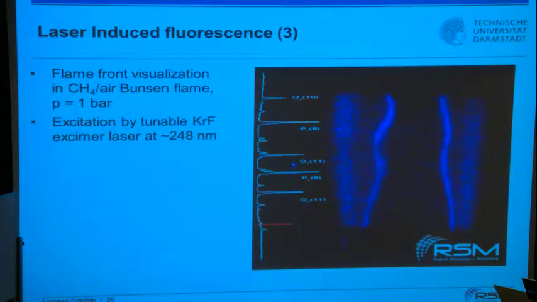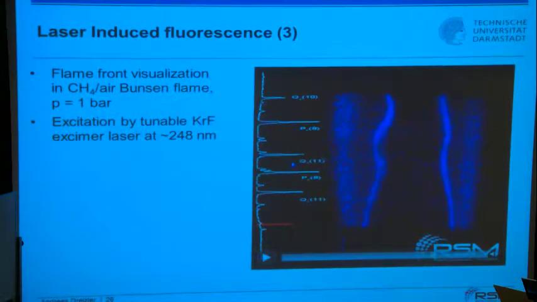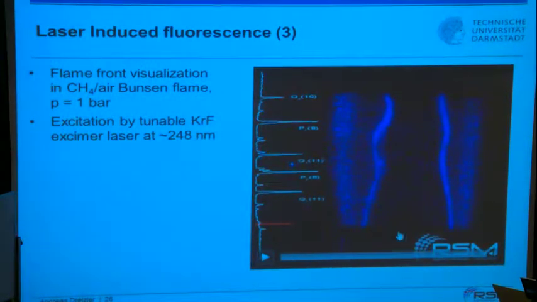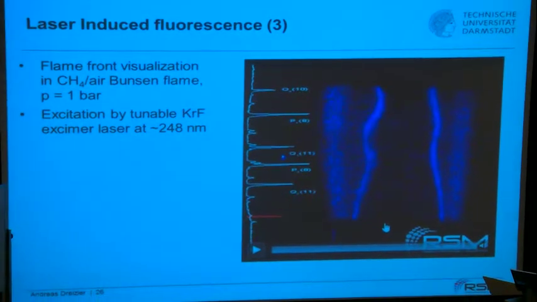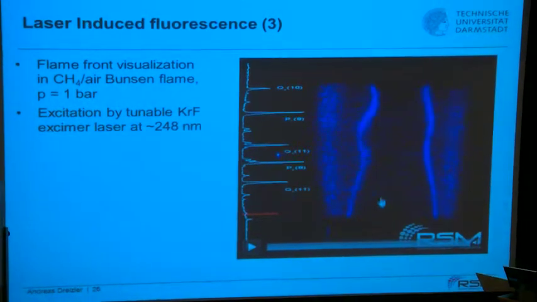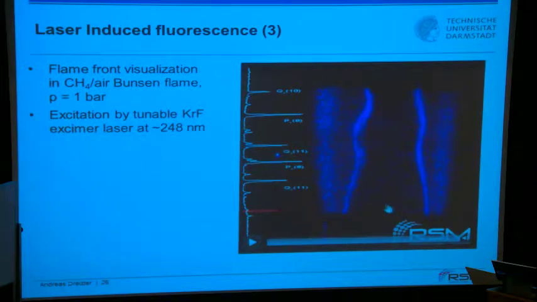And to relax a bit, you can look at that video where we have a Bunsen flame. A very simple thing somewhere down here, operated partially premixed, such that a part of the natural gas already contains some oxygen, not sufficient to burn completely.